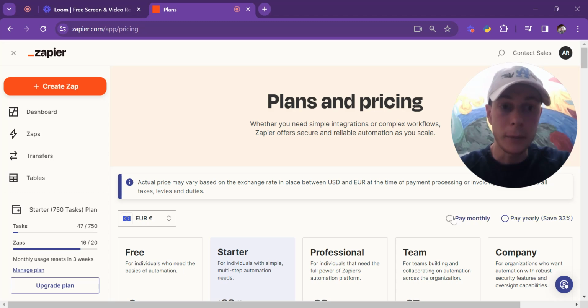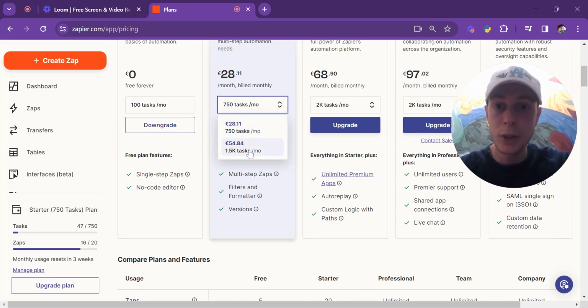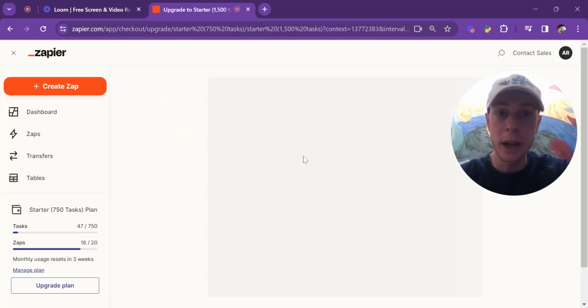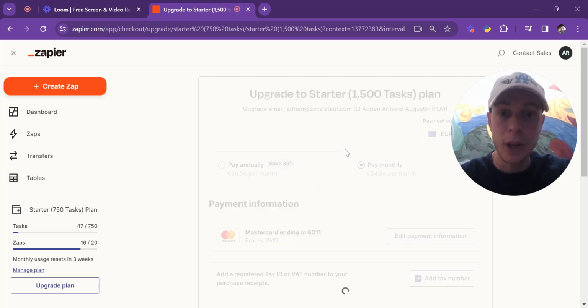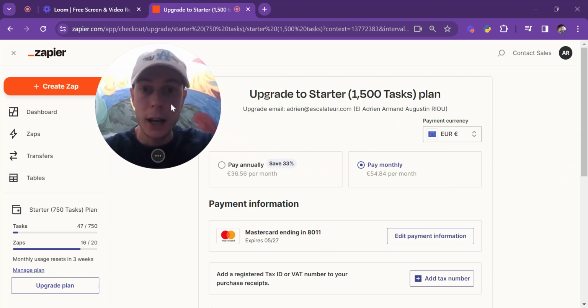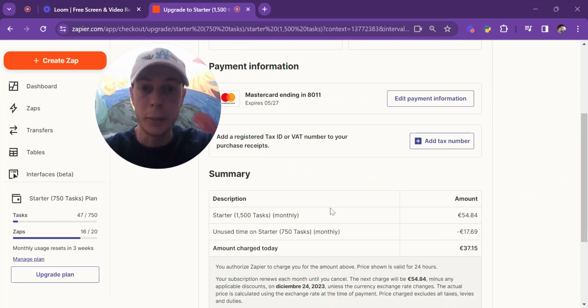And since I'm already logged in, if I choose another plan, click upgrade, here I would be redirected to the checkout page. I already have a payment method registered. I can choose between annual or monthly payments.